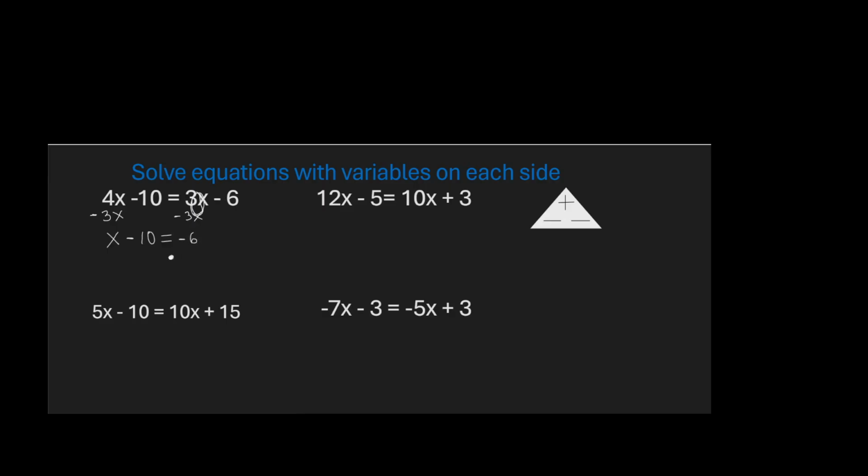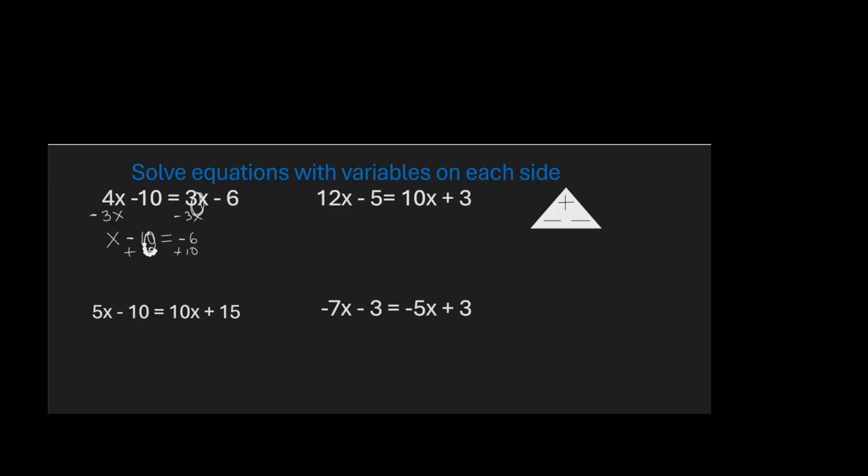The next step, I need to isolate x, so I have to get rid of this 10. To get rid of it, I have to make it 0. Because it's negative, I have to do the opposite of subtracting, which is adding 10. Adding 10. Whenever they have different signs, subtract and keep the sign of the biggest number.